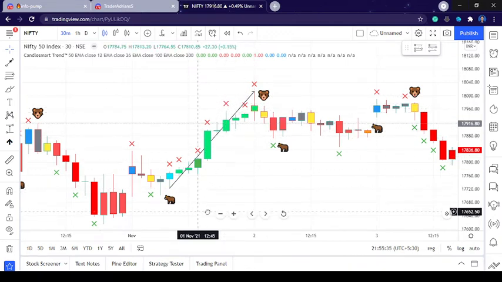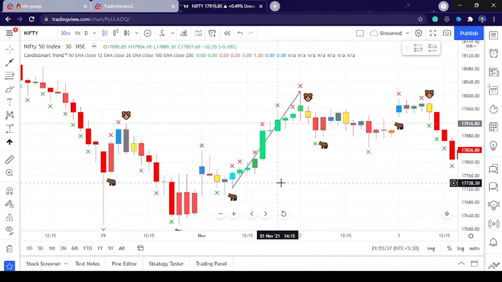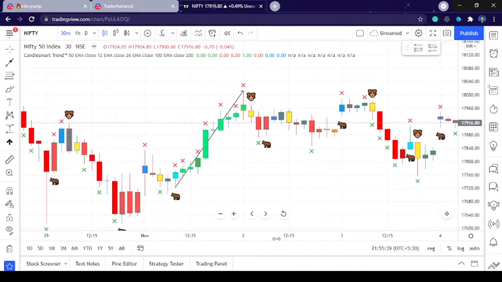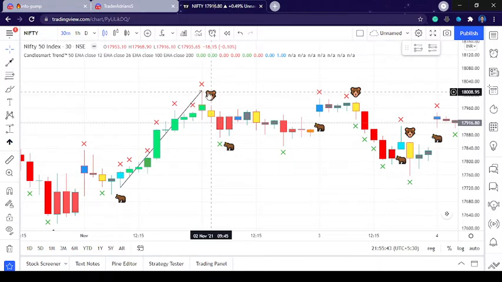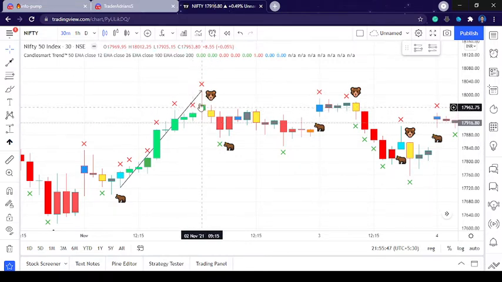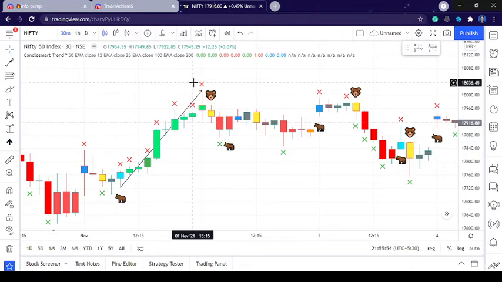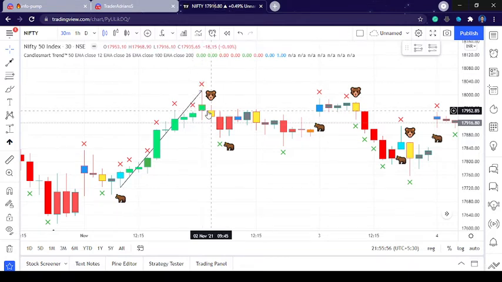So basically here we are identifying those points, and this bear symbol represents a recent bearish order block that has been filled here. See, this is the bearish order block, and this order block got filled.